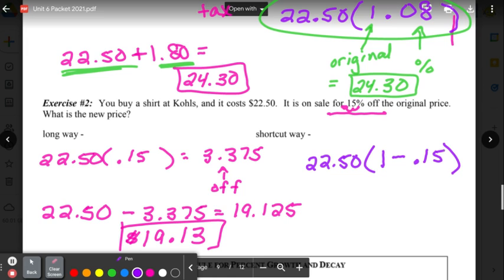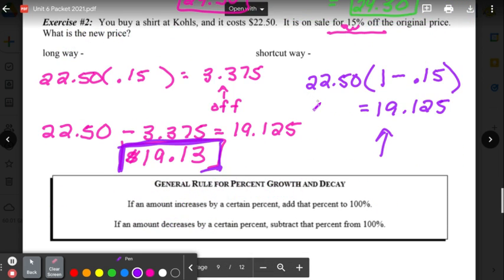And when I put that in my calculator, I get 19.125, which is the same thing that we have here. Okay, so the pink part is how it all works in the background. And then this purple part over here is the shortcut way.